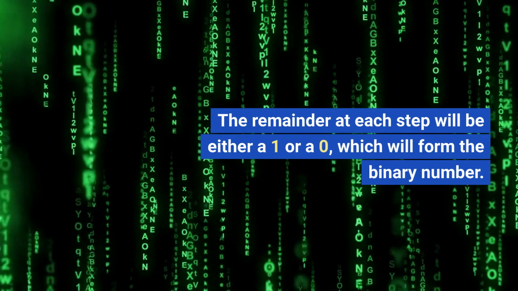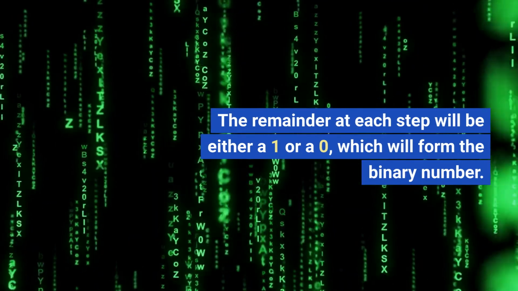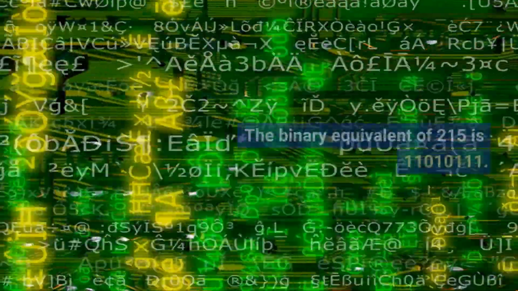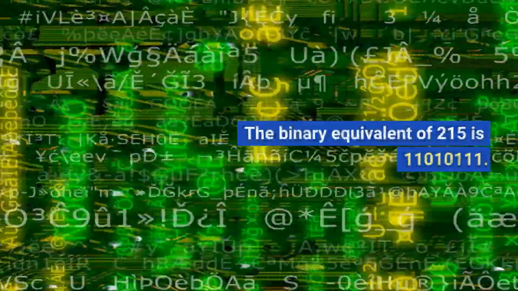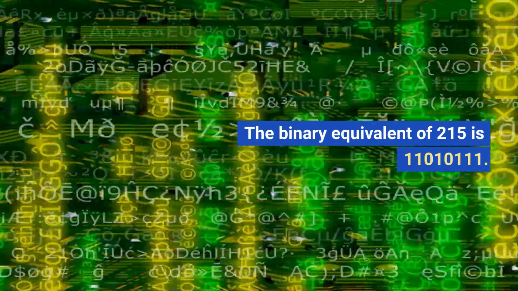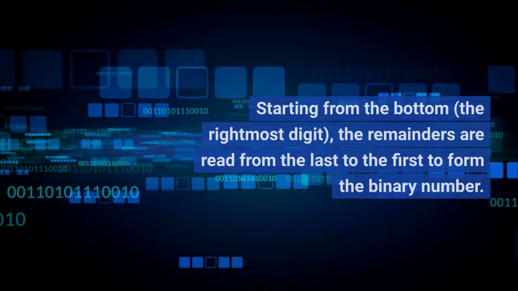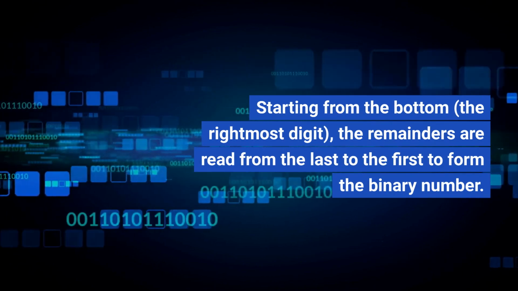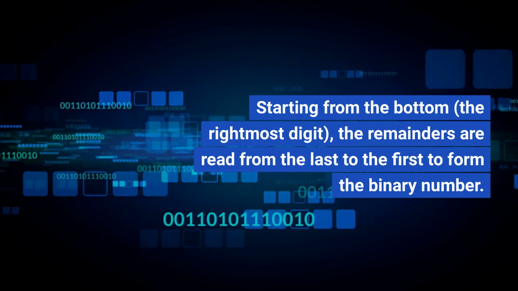The remainder at each step will be either a 1 or a 0, which will form the binary number. The binary equivalent of 215 is 11010111. Starting from the bottom, the remainders are read from the last to the first to form the binary number.